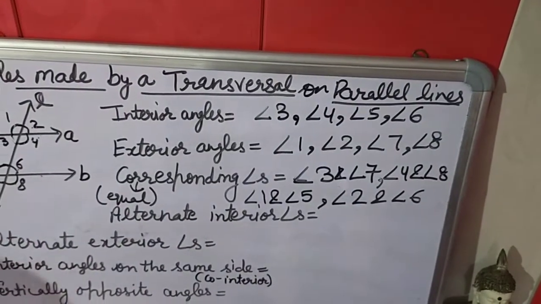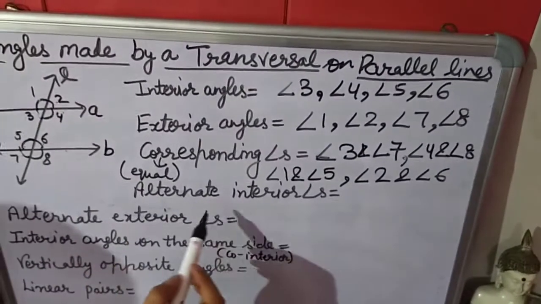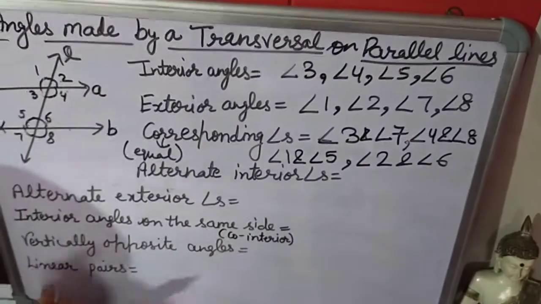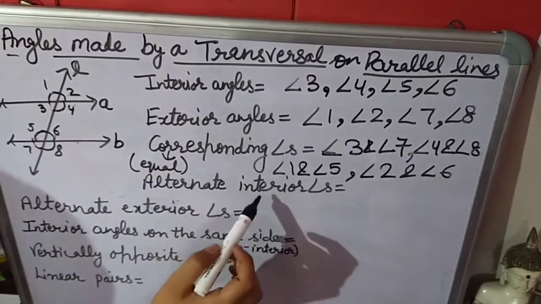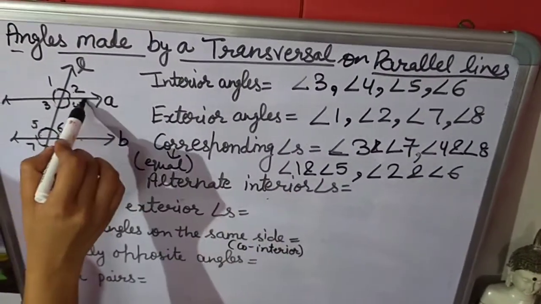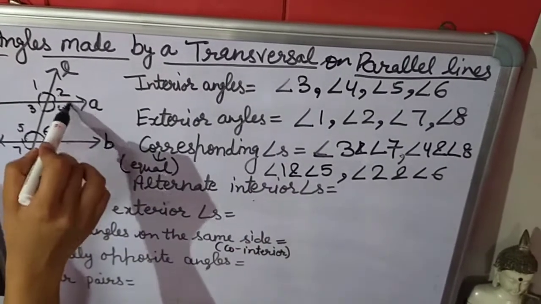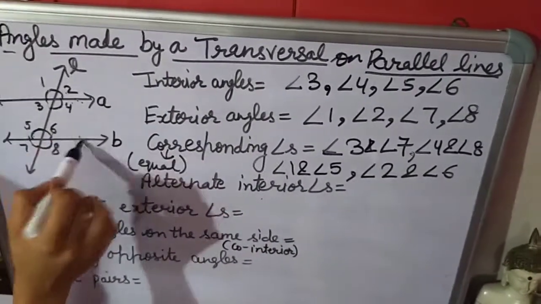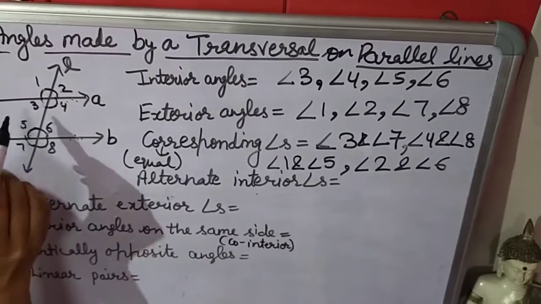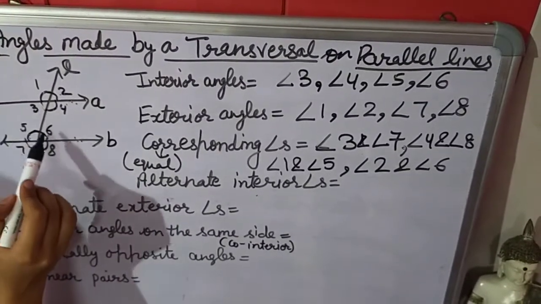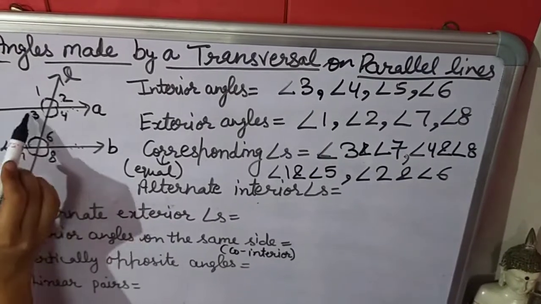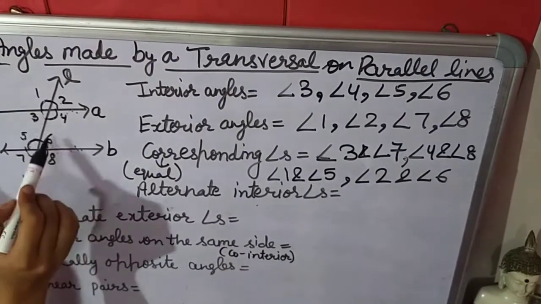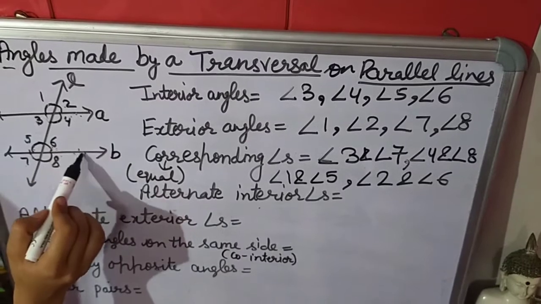ठीक है? Now next is alternate interior angles. Alternate means जो cross करते हैं, and interior means those coming inside the parallel lines. So here angle 3 and angle 6 are alternate interior angles. They are crossing each other and both are inside the two parallel lines.